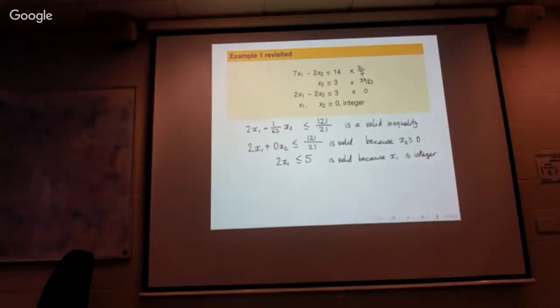How do we improve this? Yeah, change the 5 to a 4. Yeah, we can in fact change the 5 to a 4 because if you divide it, this means that x1 is no more than 5 halves. And because x1 is integer still, and it's less than or equal to 2.5, it cannot be more than 2. So x1 is less than or equal to 2 is also valid.